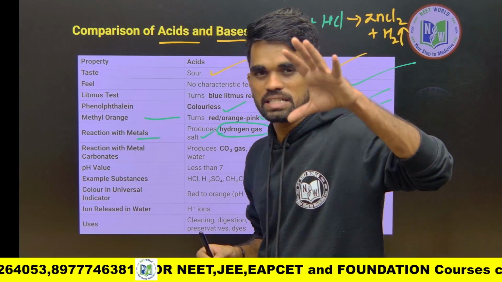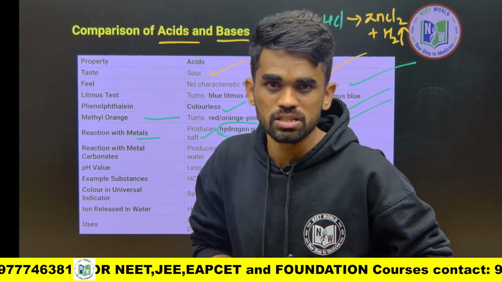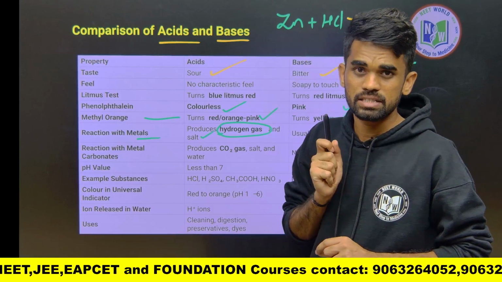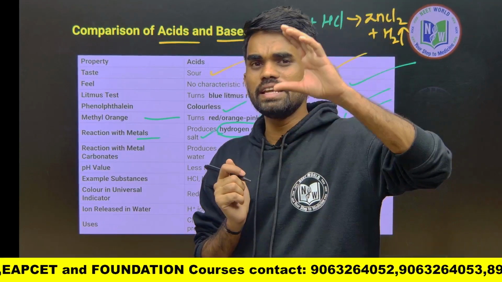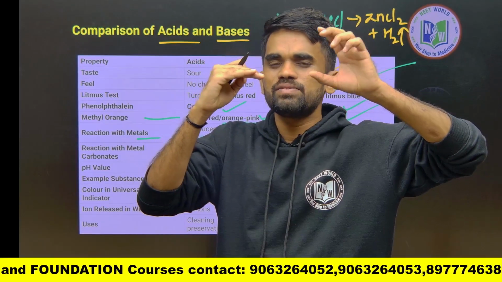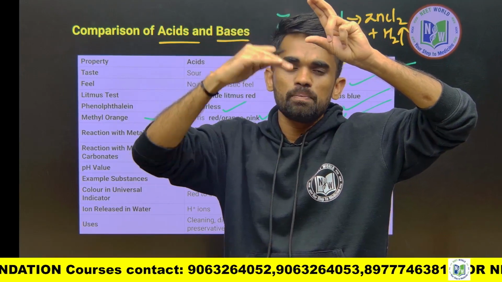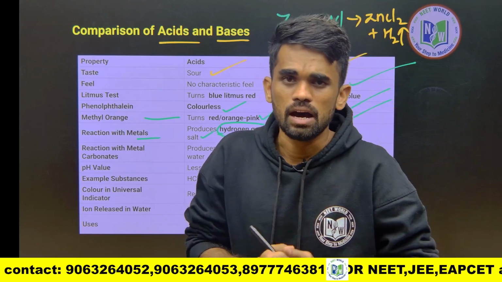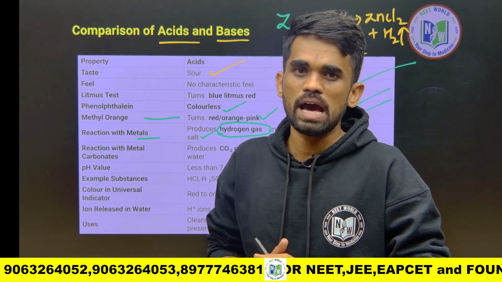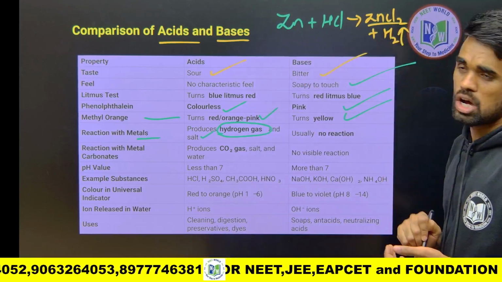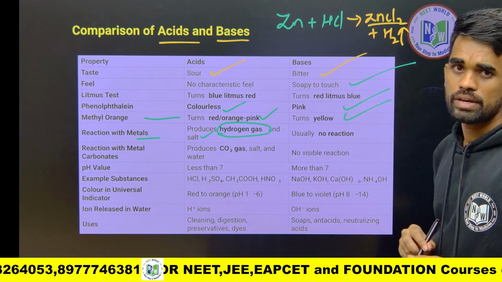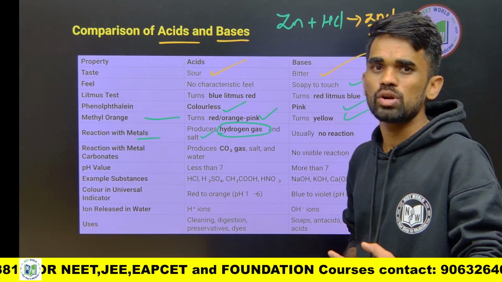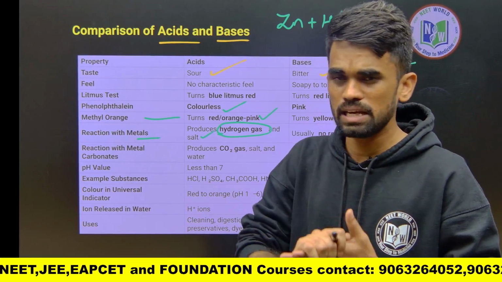In the reactivity series, which we have studied in displacement reactions and which I also explained in the last class, the metals at the top of the series are highly reactive, and they will displace hydrogen gas from the respective acid, forming a salt of that particular metal. For example, if we take magnesium, we will get magnesium chloride plus hydrogen gas. Hope it is clear, right?